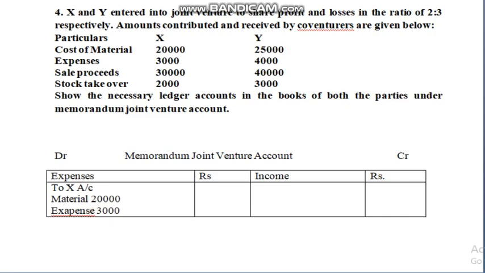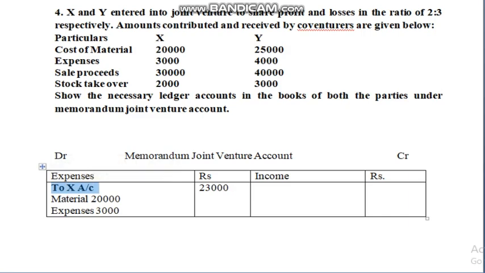So this 20,000 worth of material and 3,000 worth of expenses were paid by Mr. X. So total 20,000 plus 3,000, 23,000.